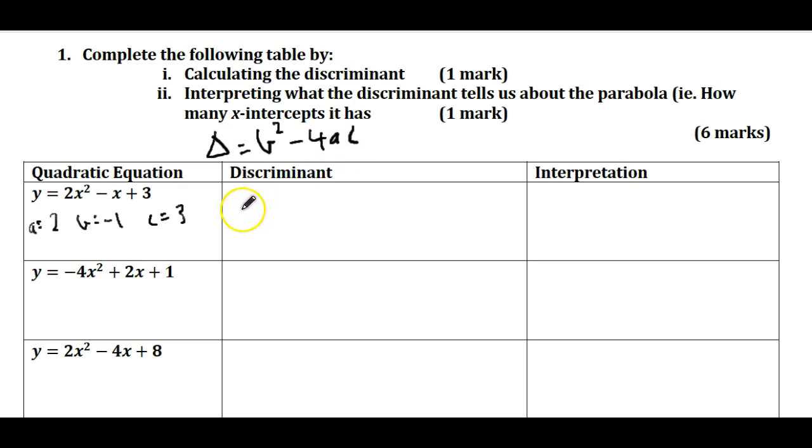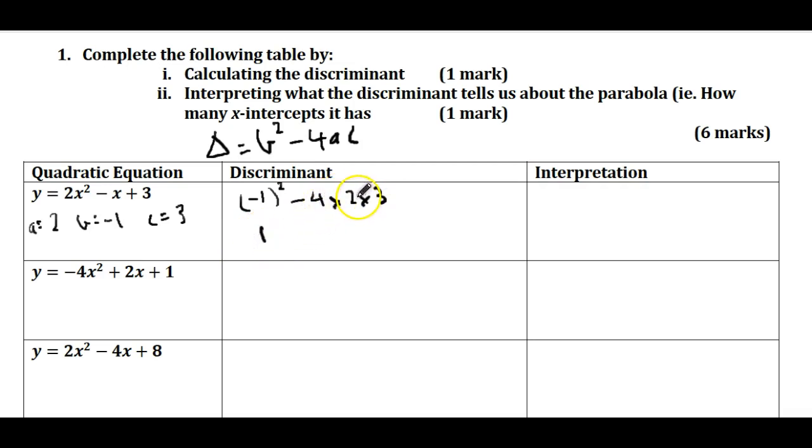So b squared minus 4ac. Here we have (-1) squared. See how I put it in brackets? It's just to remind you that when you square a negative number, you get a positive answer. Then -4 times 2 times 3. I didn't bother putting any brackets there because there's no negatives, but you can if you want.